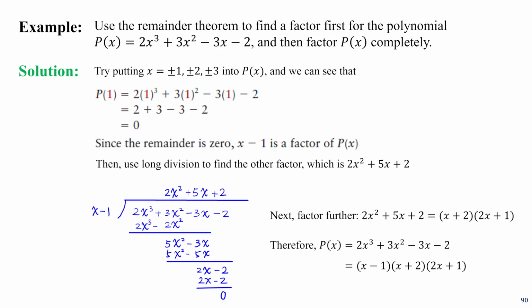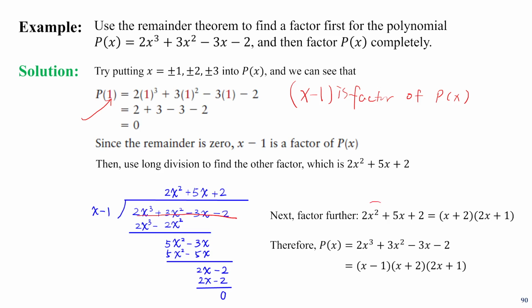So if p(1) equals 0, that means x minus 1 must be a factor of p(x). Therefore, we can use long division to find the other factor of the original expression. The other factor is 2x squared plus 5x plus 2.